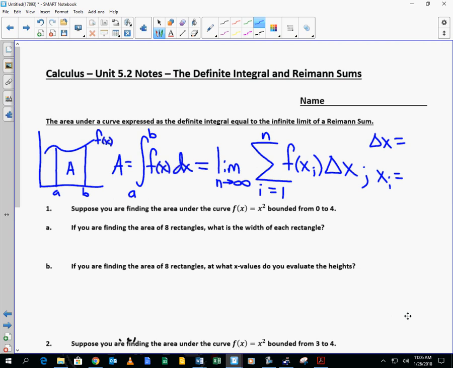So this is where delta x is equal to something and x sub i is equal to something, okay?